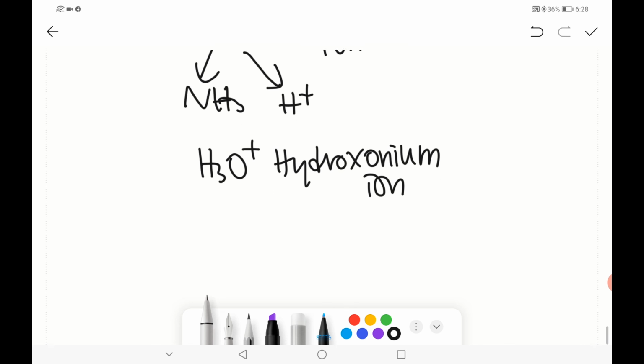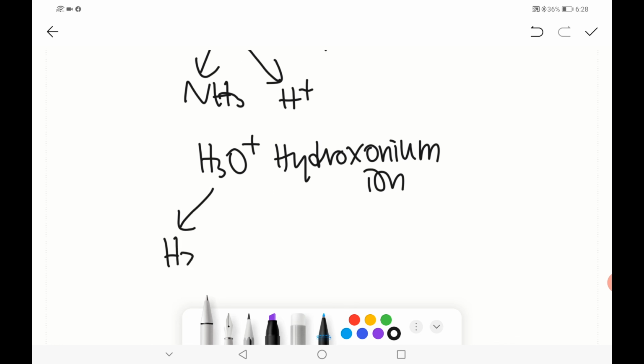H3O plus is formed by H2O, water, and H plus. So that's what we need to know for dative bond. I said a few times in this video, we don't need to go too deep about dative bond, because you only do that when you go for pre-U level. For SPM, you just need to get the basic introduction, the basic concept for dative bond. That is good enough already.